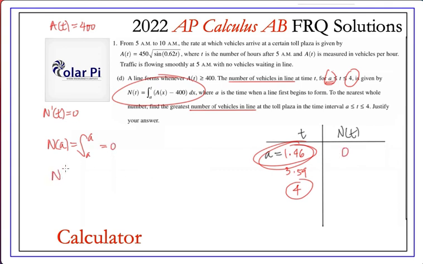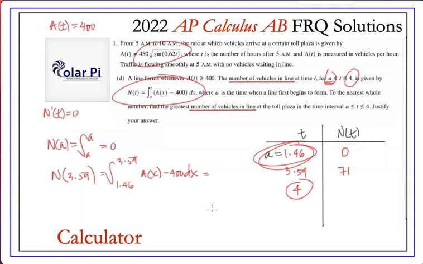Now for n of 3.59, we'd have to write the integral from a, which is 1.46, to 3.59 of A of x, which is this function here, so you'd have to do this in your calculator, minus 400. If you do it correctly, you should find that this comes out to 71-ish.